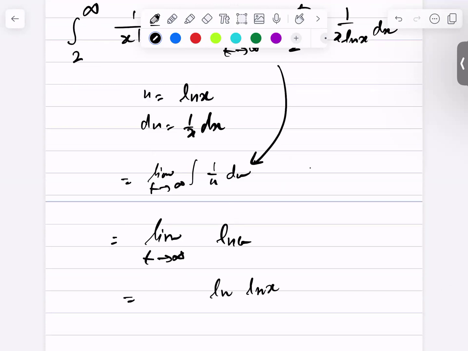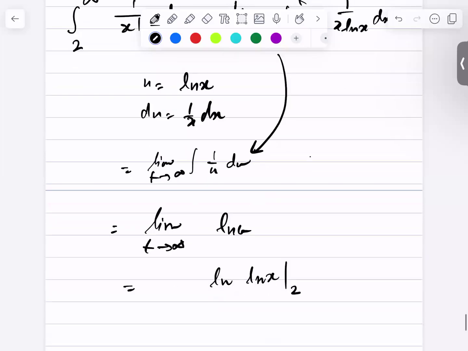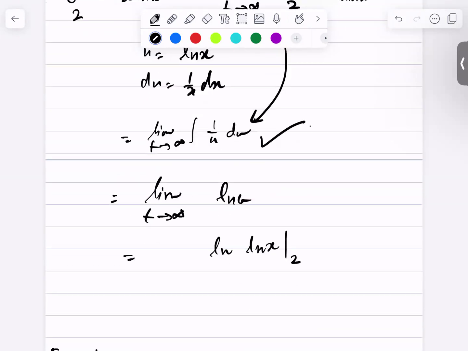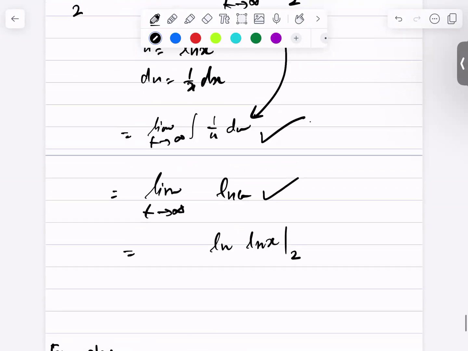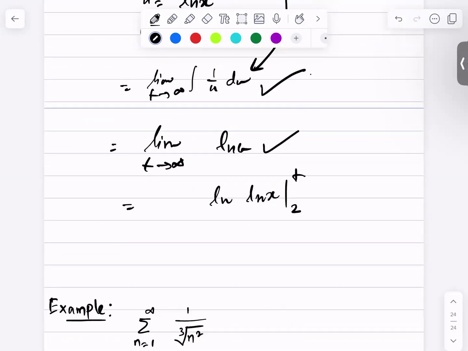But again I'll go from u back to x, so this is ln x. What is the bound for x? I've used the substitution there, then did the integration, then changed u into x again, and the bound for x was from 2 to t, with the limit as t tends to infinity.